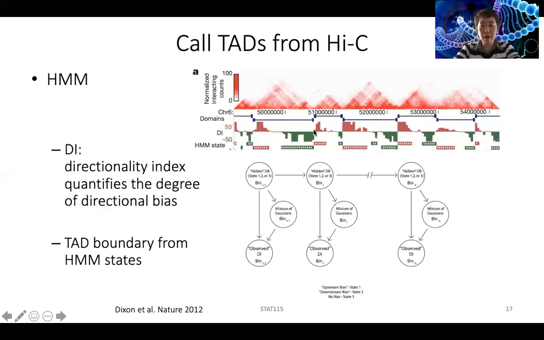In homework 5, we're going to ask you to implement a hidden Markov model to identify the TAD boundaries. You can see there's some noise in the data, but overall the data should be pretty confident. The hidden Markov model is asking, is this the red chunk or the green chunk, and also the zero chunk.